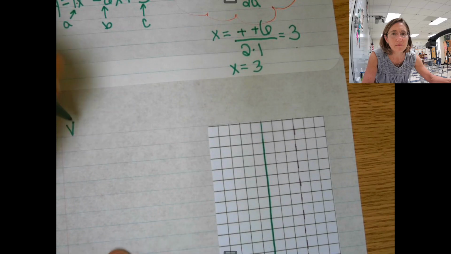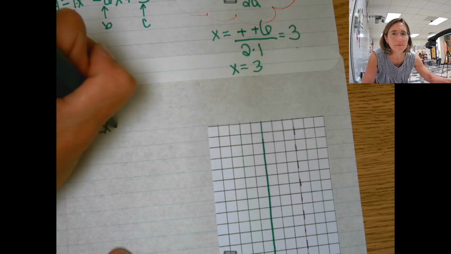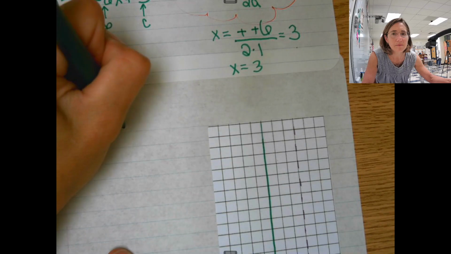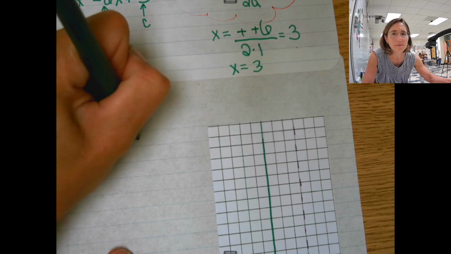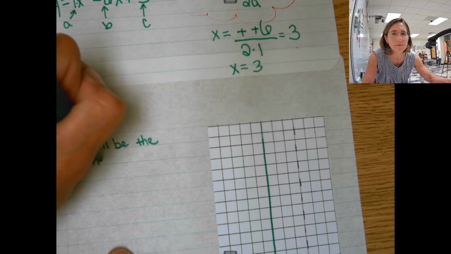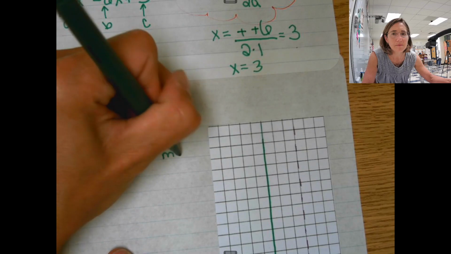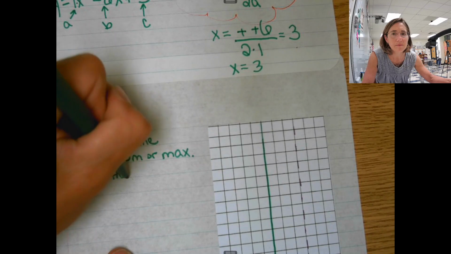So the vertex is the point that's either going to be the minimum or the maximum of the parabola.